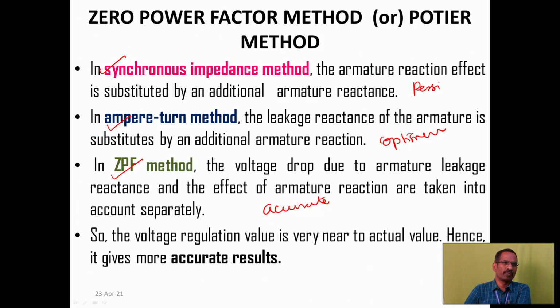By using this data, I can draw the Potier triangle. By using that Potier triangle, I can segregate the leakage reactance drop and armature reaction effect separately. By using this, I can calculate the IFR. From the IFR, I can get the E0 value. These are the three indirect methods. Okay, thank you.